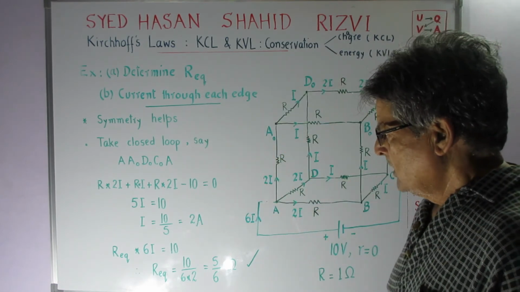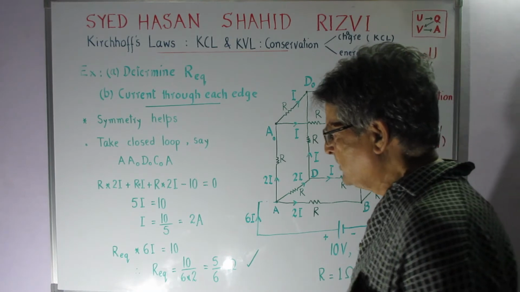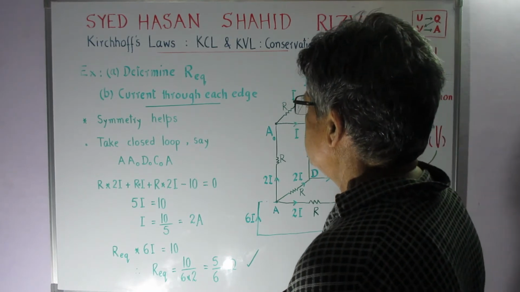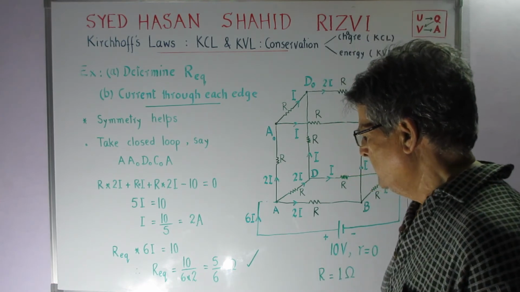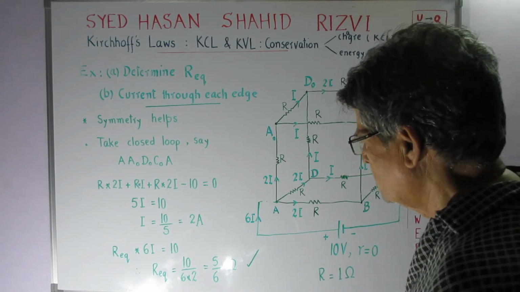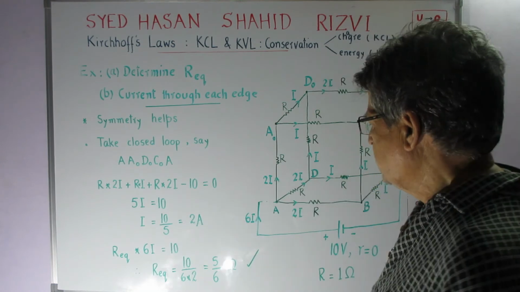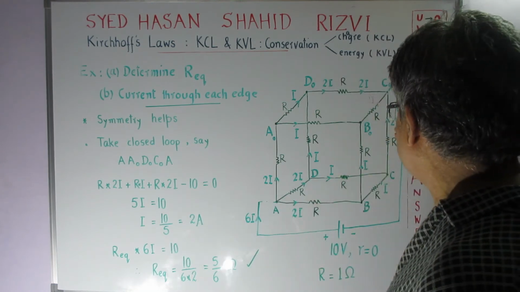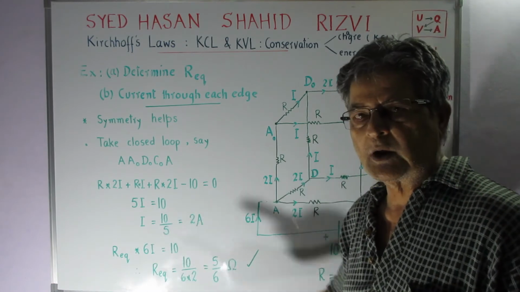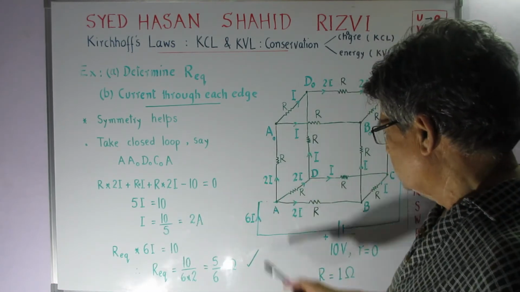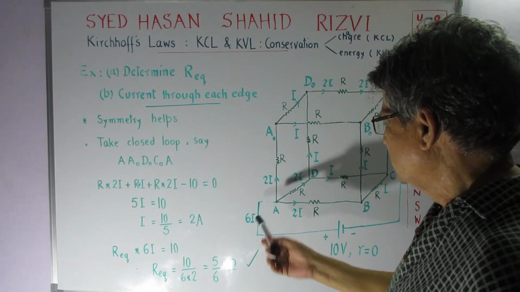That mistake is committed because we are Indians and we sometimes are poor in English. I too am. So then I can say that between A and C naught, the total resistance is R equivalent. I have not drawn it there because it will become messy.